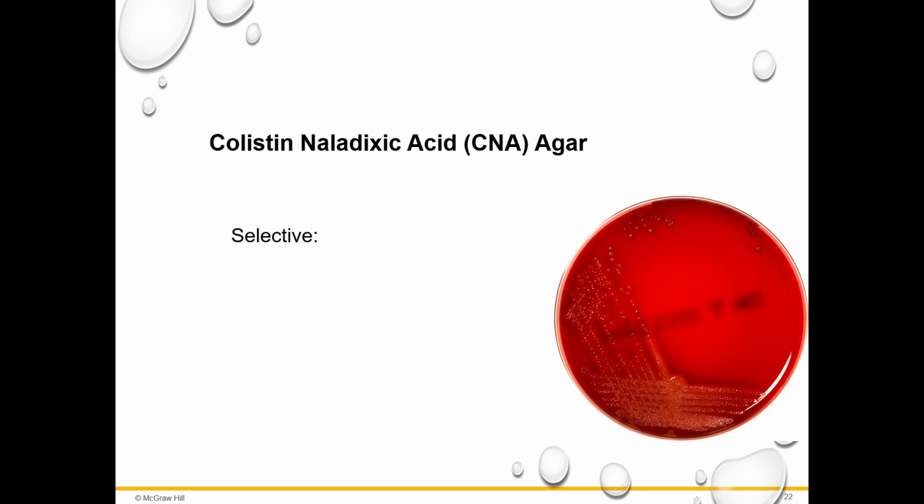This is a good agar to use in skin infections. If we want to selectively grow gram-positive organisms from a wound culture or something on the surface of the body, we can grow it on CNA. CNA is going to kill off the ones we don't care about, leaving the gram-positive skin ones that are probably causing the infection.